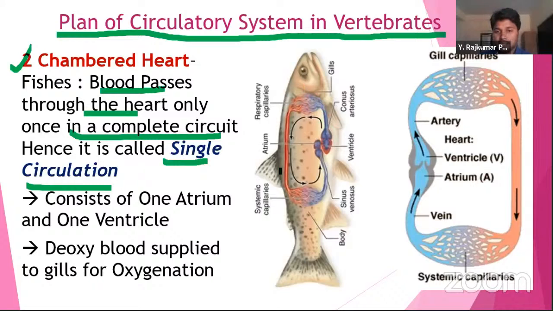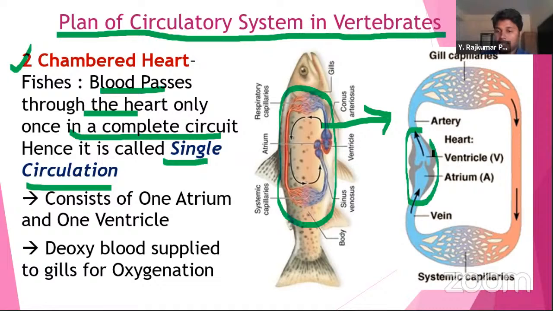Here you can see the scheme in the diagram. I have taken this diagram large. When you zoom the diagram, you can see this kind of structure. There is a heart here, and the heart has two chambers in it, the ventricle and the atrium. This is the structure of the heart in fishes. There are only two chambers, hence it is called a two-chambered heart.